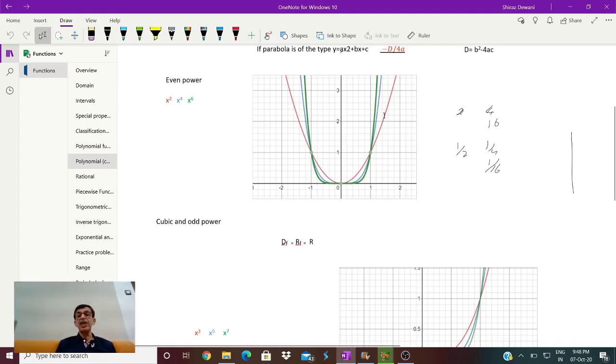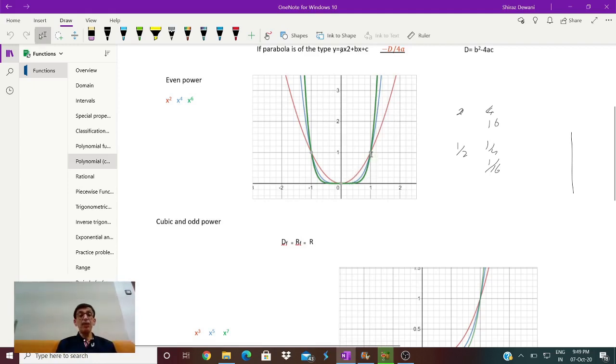For example, if x is 2, then x square will be 4, and x raised to the power 4 will be 16. So 16 will be above 4, and hence the power 4 will be above, and power 6 will be even higher.